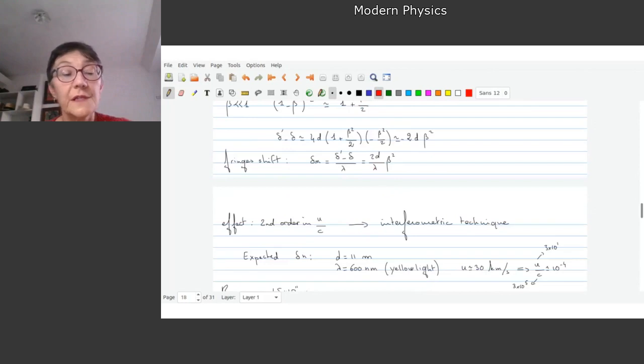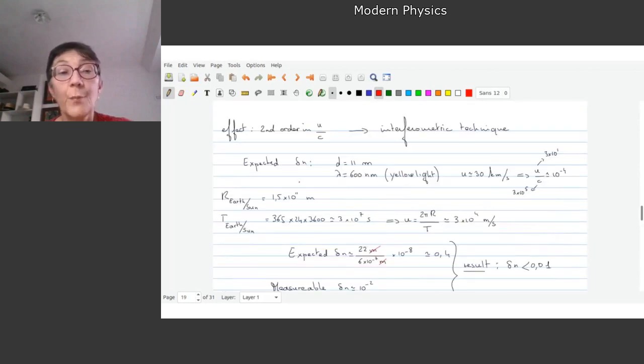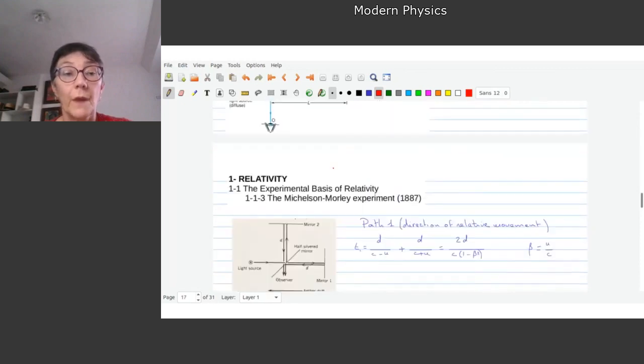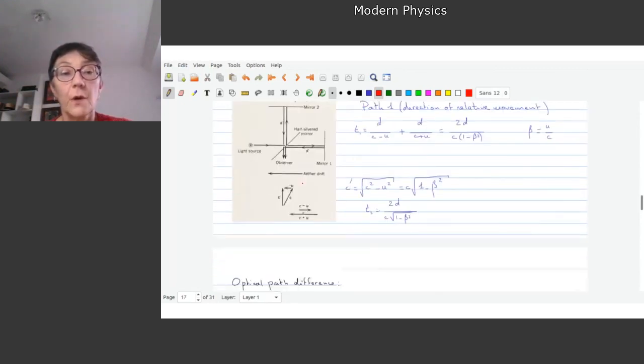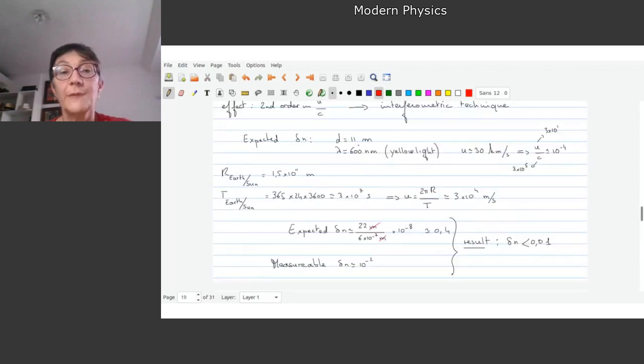I won't go into the details, because what is important is that you have to have very big paths. The distance here and here was 11 meters, which is very big. The wavelength was yellow light at 600 nanometers.